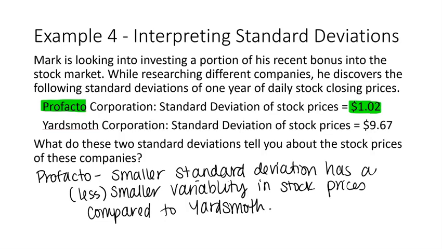Similarly, you could say that Yardsmith has a larger standard deviation, so it has more or greater variability in stock prices, aka there's more fluctuation.